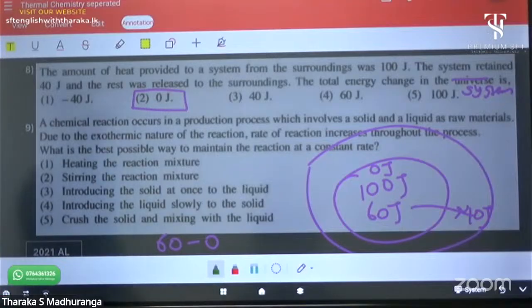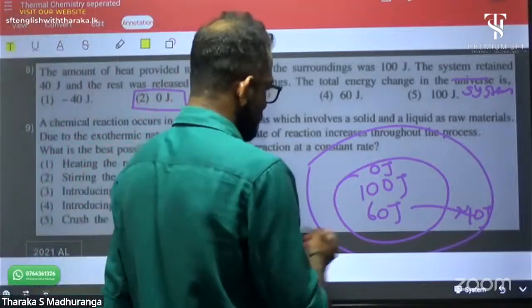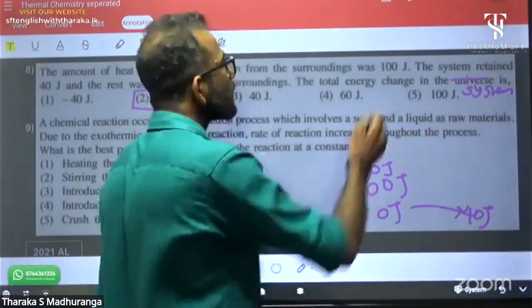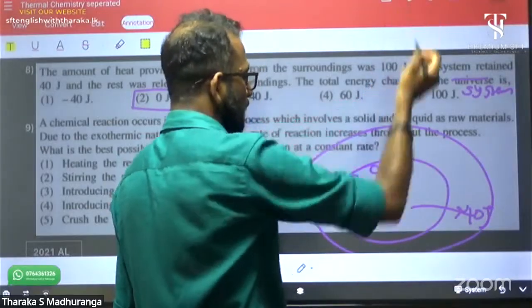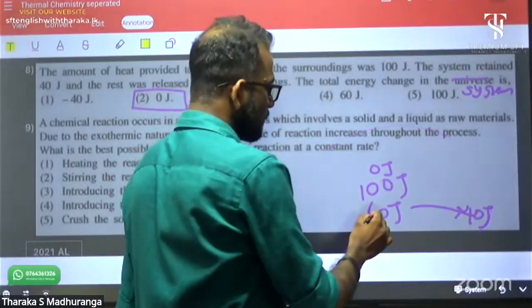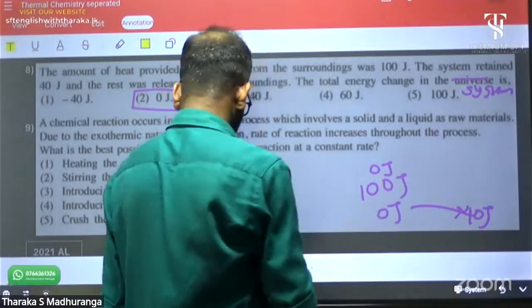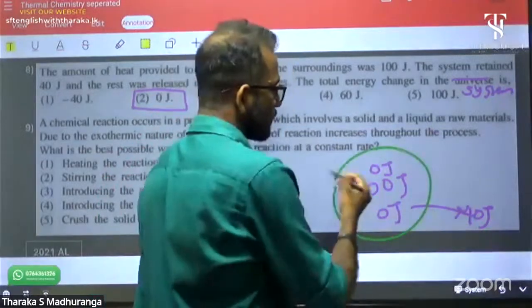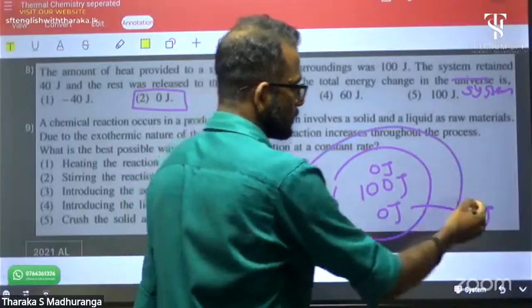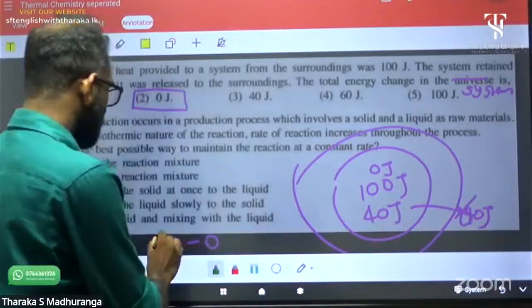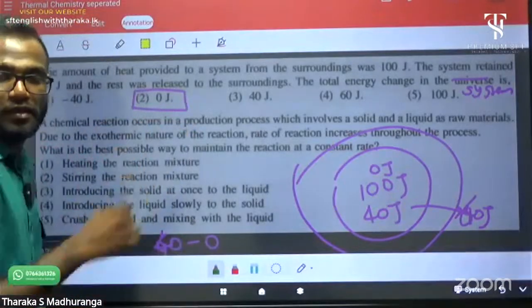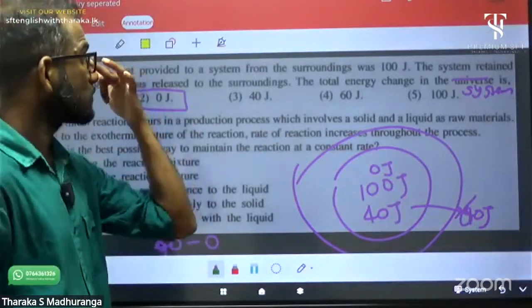The system retained 40. That means 60 released, 40 retained. Yeah, 40. 40 minus 0, 40. That is the system energy change.